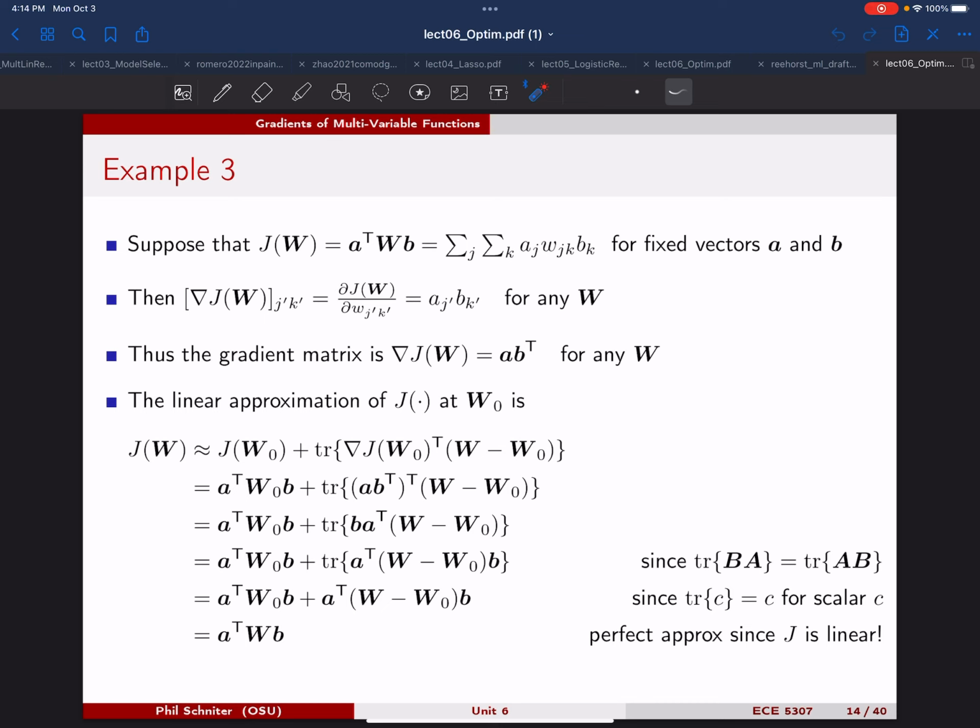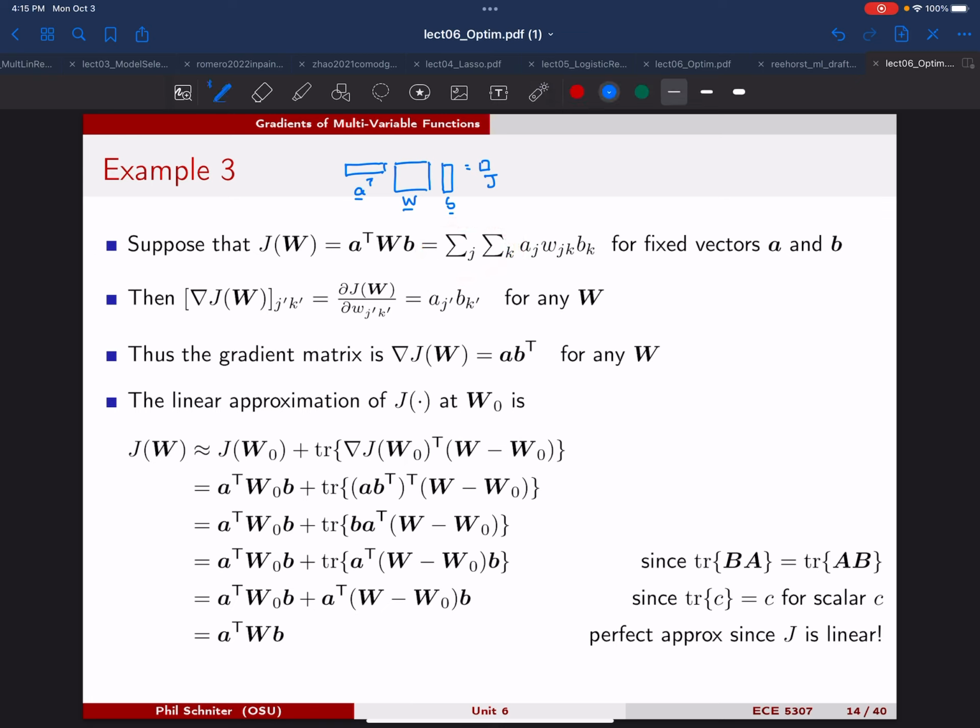Okay, so what we have here is a quadratic. So let's visualize it. Maybe we have a row vector A transpose times a matrix W times a column vector B. And all of this gives us a scalar J. Okay, so we can rewrite this matrix vector expression with two sums, j and k.